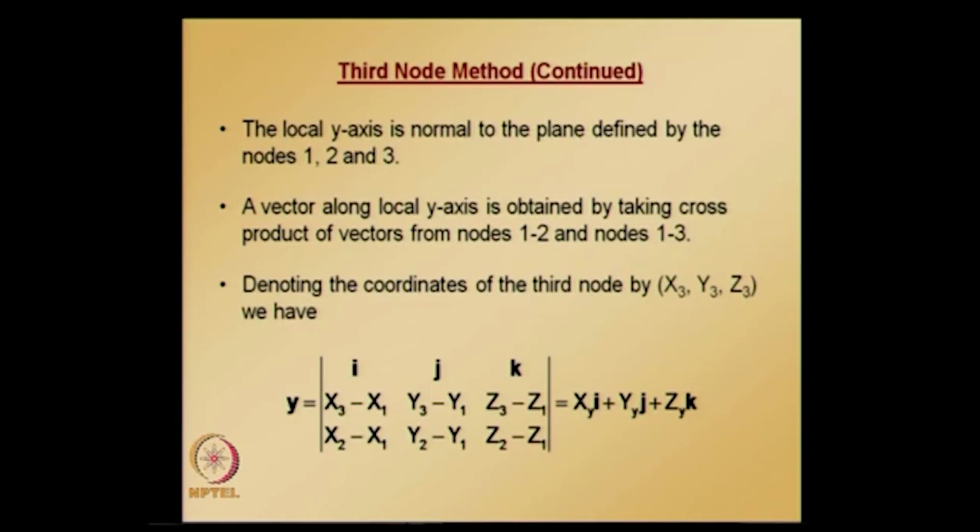So, if we denote the coordinates of the third node by capital X3, capital Y3, capital Z3, you can easily find the direction cosines of the vector connecting nodes 1 and 3. Once we know these, we can take the cross product of the vectors connecting nodes 1, 3 and 1, 2, and then we are going to get the vector along the local y axis.